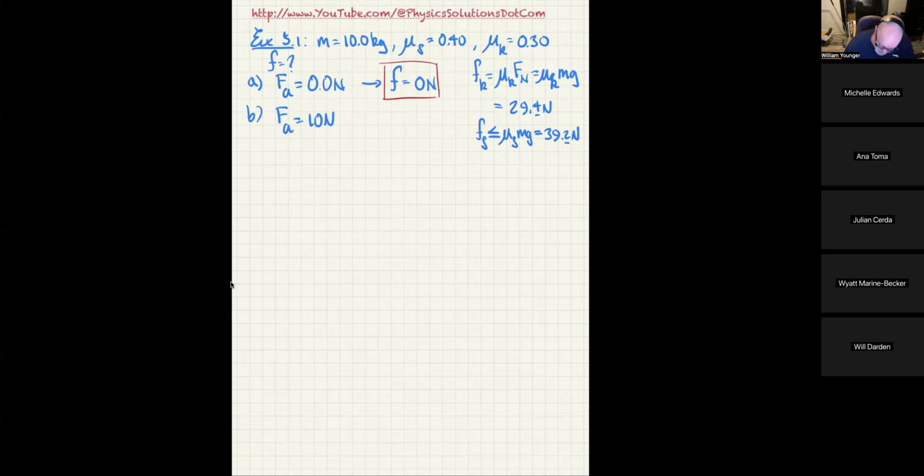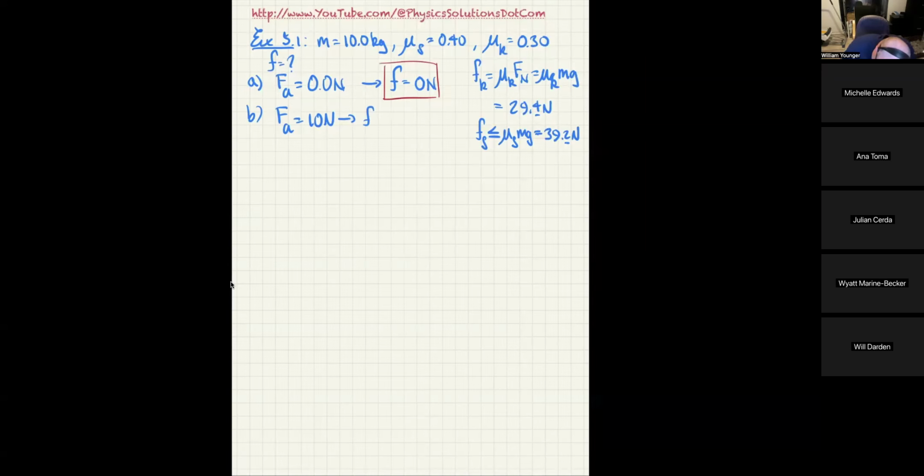So when I apply a force of 10 newtons, notice that's smaller than the static force, right? The static friction force can go all the way up to 39.2 newtons, which again, the 0.2 is not supposed to count, but it can go all the way up to at least 39 newtons. This is less than that. So the applied force, according to that graph I just showed you, F applied, F friction, that's what I was trying to say.